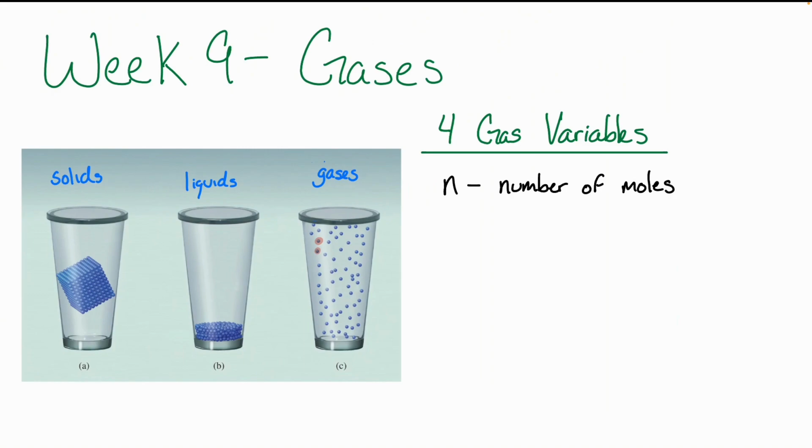All right, so we're going to relate the number of moles of gas molecules to V, the volume of the gas. All right, so the amount of gas particles and the volume of that gas are very closely related to one another.